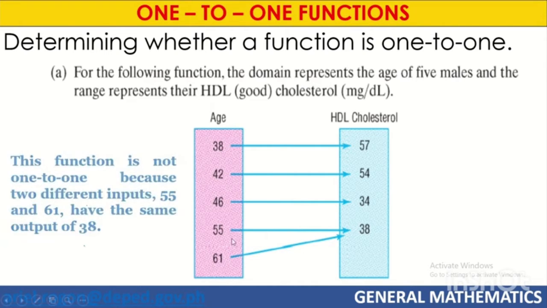So this function is not one-to-one because two different inputs, 55 and 61, have the same output, which is 38. So napansin nyo ba na yung 55 and 61, iisa lang yung kanilang output, which is 38. So this function is not one-to-one function.